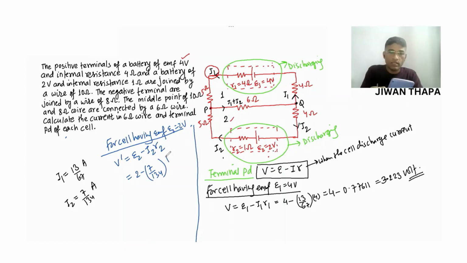So 7 divided by 134. So we have this 2 minus 0.0522. So let's find this.